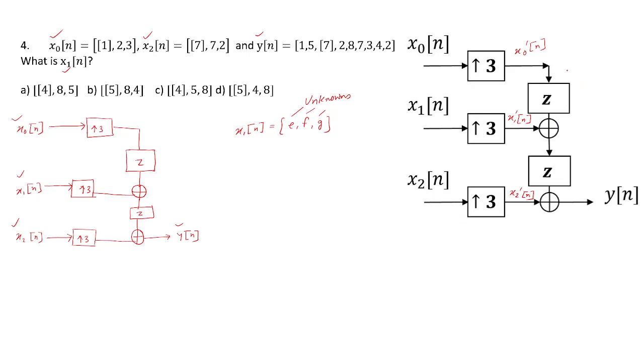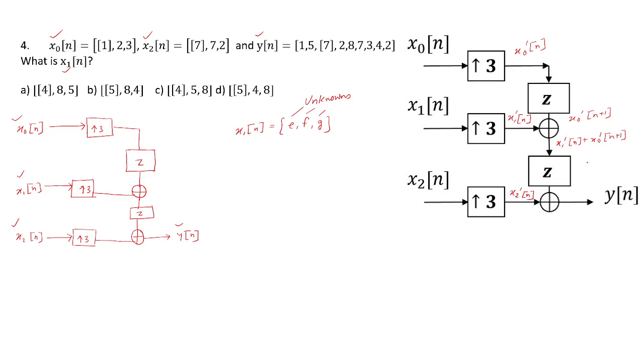So this one, after passing through an advance block, becomes x0 dash of n plus 1. So the sequence here becomes x1 dash of n plus x0 dash of n plus 1.